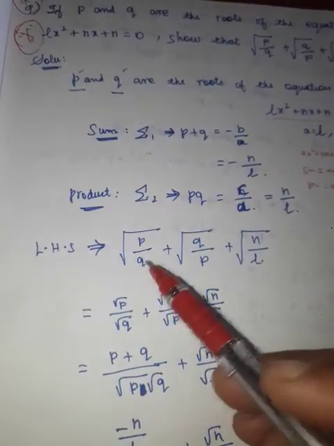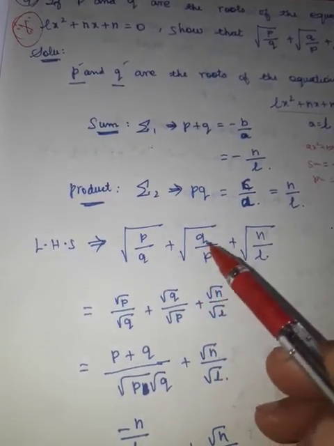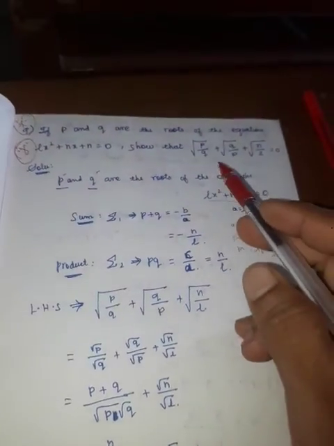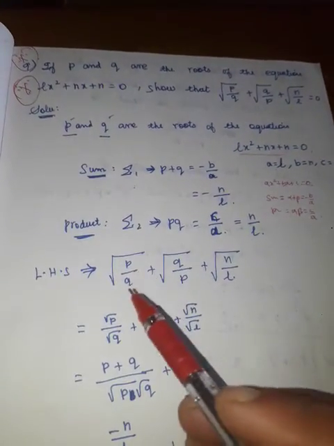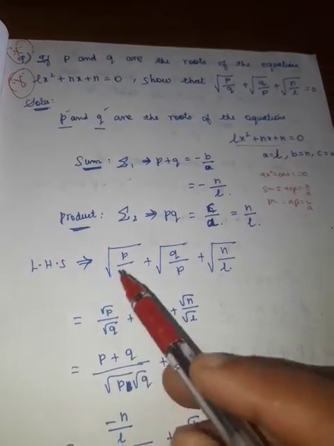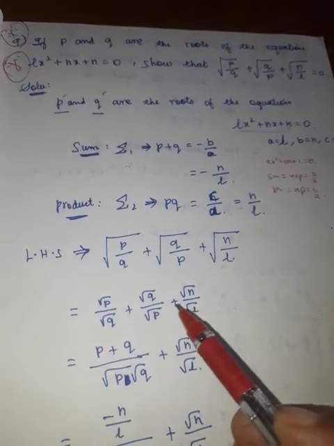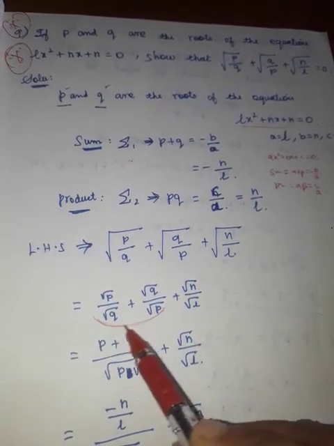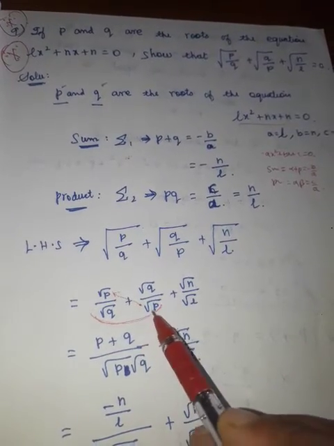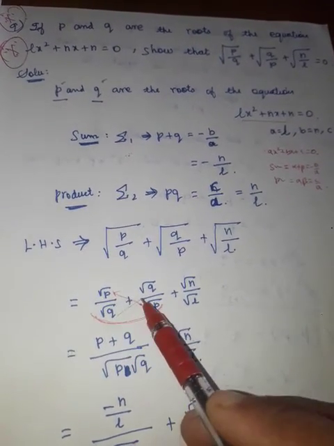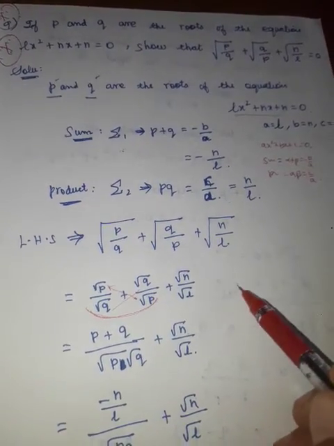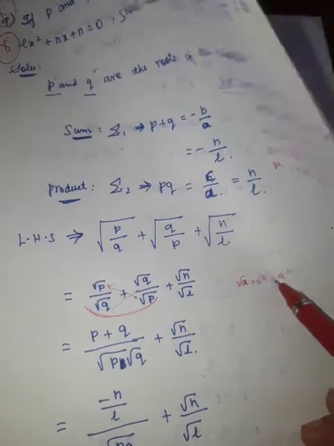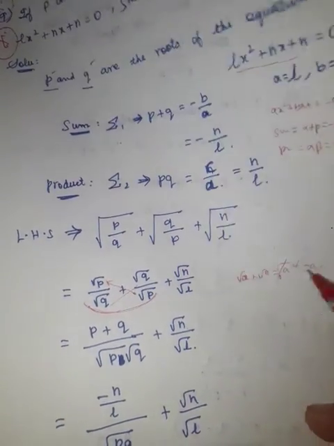Okay, so the left hand side: root of p by q plus root of q by p plus root of n by l. Taking this left hand side value, we can separate root p, root q, root p, root n, root l. Then we can cross multiply the first two values. If you multiply this, root p into root p, root q into root q, so root a into root a equal to a square, but square root and square cancel, we get a only.